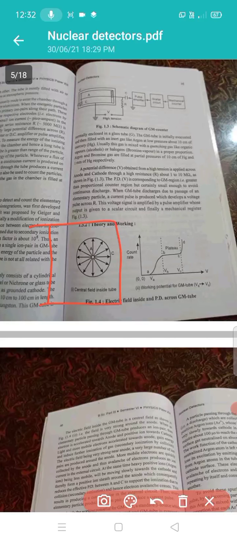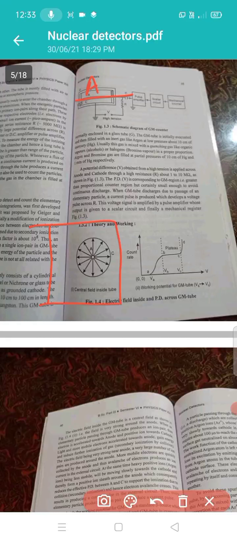Central field means the field is very strong around the anode. There is a wire anode A, and the field is very strong at the anode A.